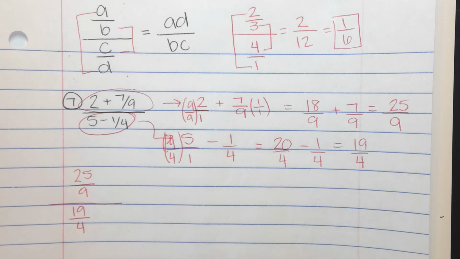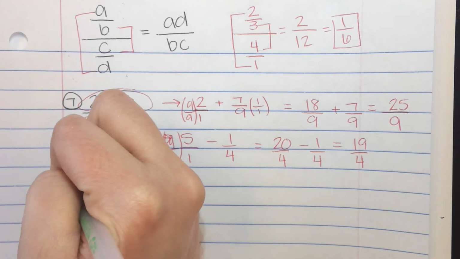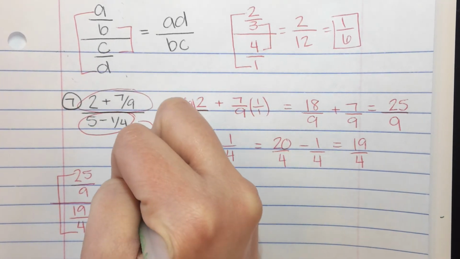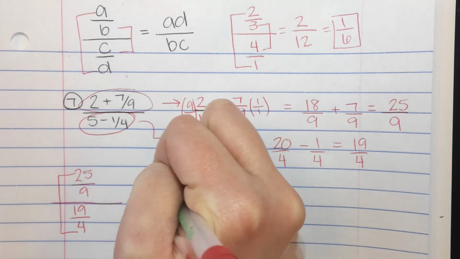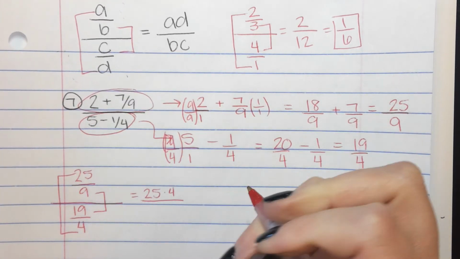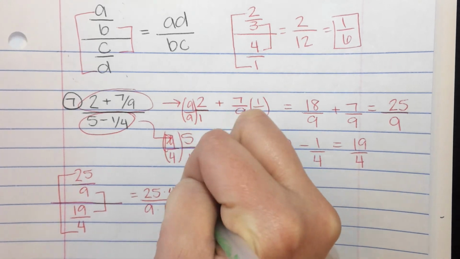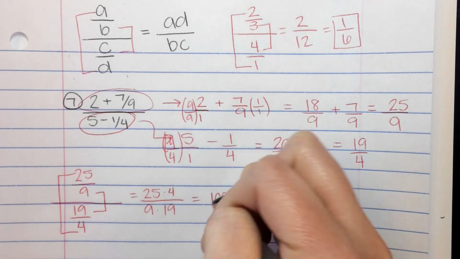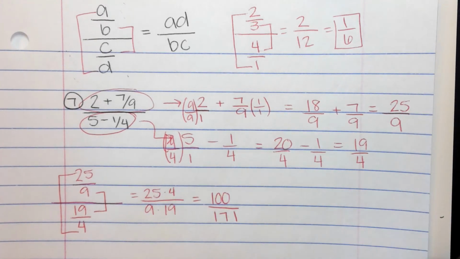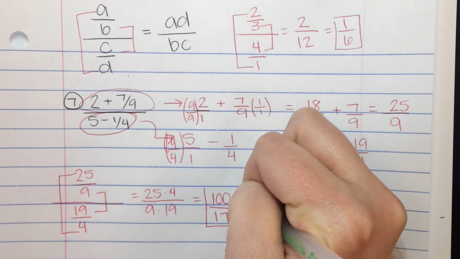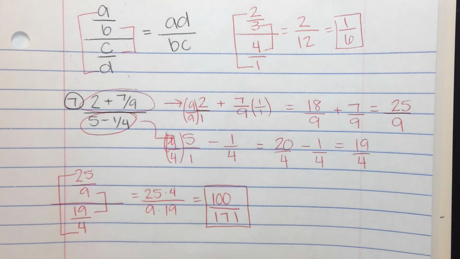I'm going to do the outsides, 25 times 4, over the insides, 9 times 19. That gives me 100 over 171. That cannot simplify, so that's my final answer.